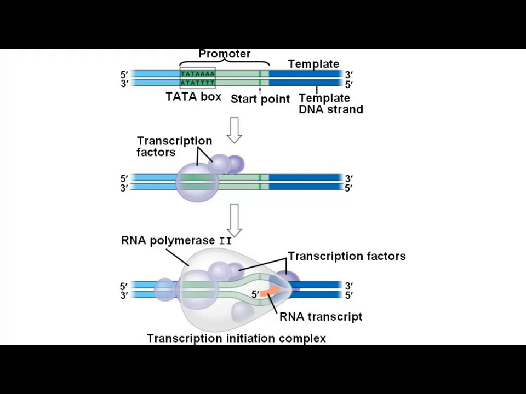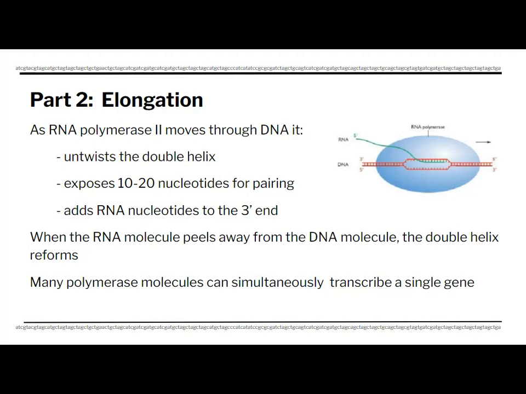When RNA polymerase 2 is bound, we have all of our transcription factors in place. This is called the transcription initiation complex. And once everything is in place, RNA polymerase will split the DNA up a little bit and start our transcription, and the initiation is complete. It will move into our second phase, which is elongation.